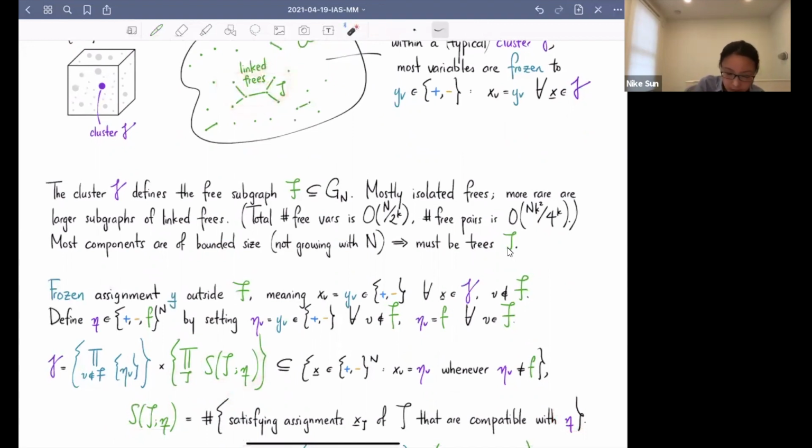We're looking for assignments, for example, plus, plus, plus, plus, plus, plus. Maybe this is a valid assignment. But in order to check if it's a valid assignment, it has to be compatible with the frozen boundary around this tree. So this is what I mean by this S.